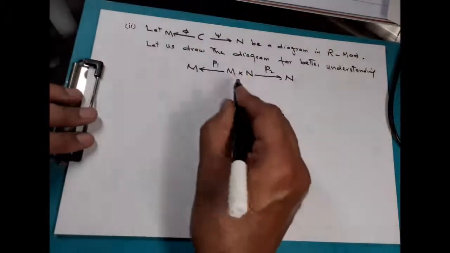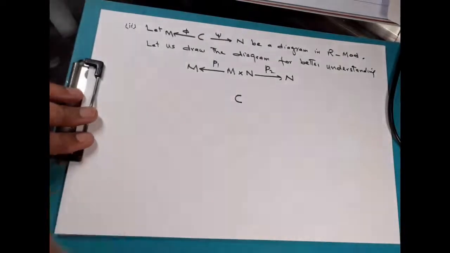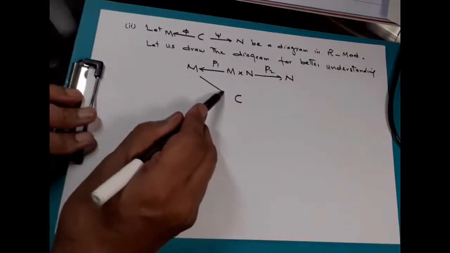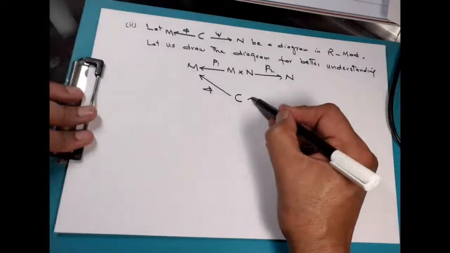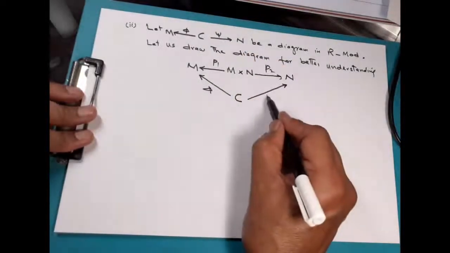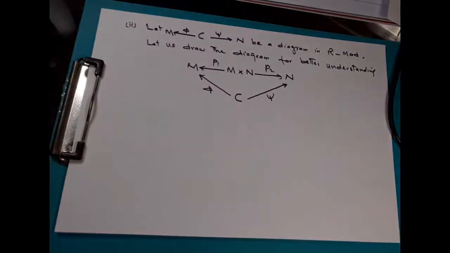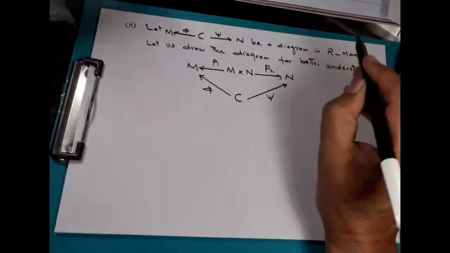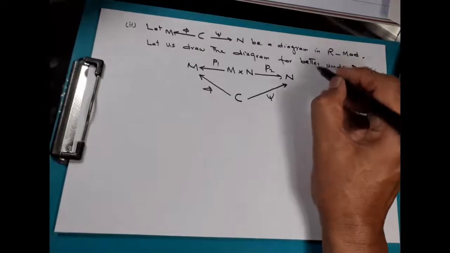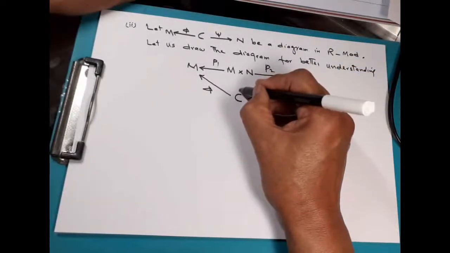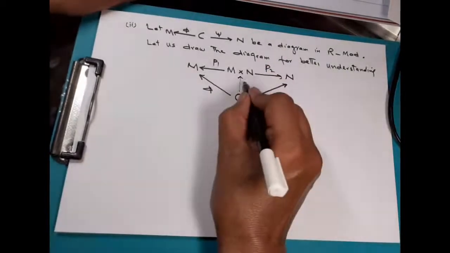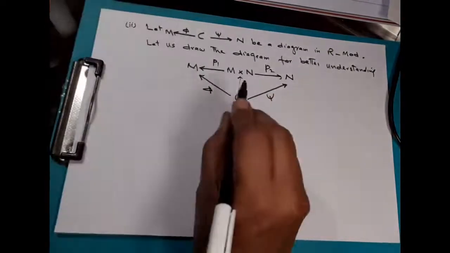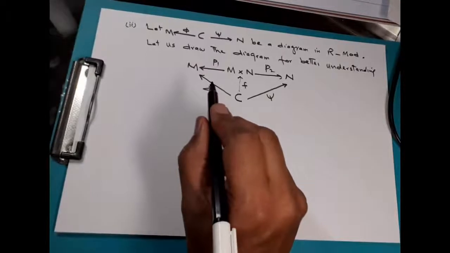Now we are considering a diagram. C is a left R-module which is equipped with two morphisms, from C to M we denoted it by phi, and from C to N we have denoted it by psi. So C is equipped with these two module homomorphisms. We have to prove the existence of a unique module homomorphism from C to M cross N, let's write it as F, so that this particular diagram commutes.